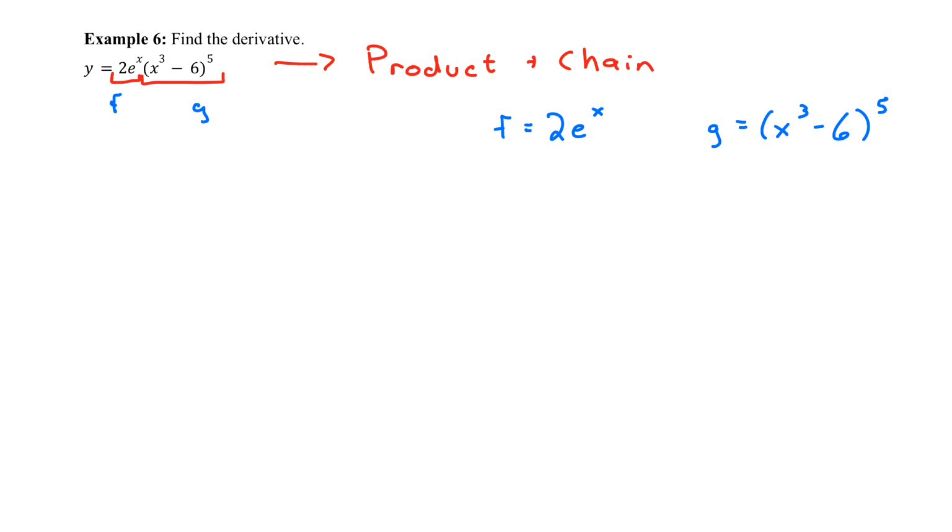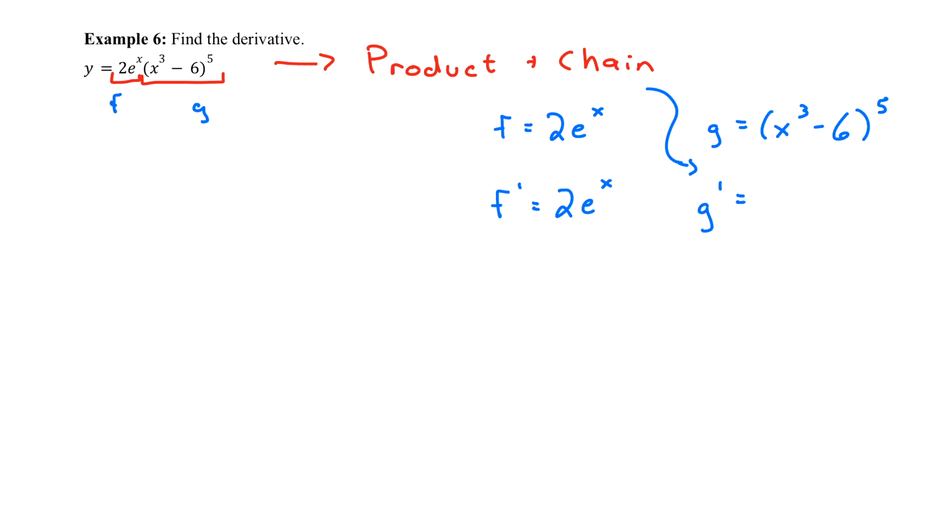So I know for my product rule, I'm going to need to find the derivative of each of these two functions. So f prime, the derivative of 2e to the x, is just going to be 2e to the x power. G prime, here's where that chain rule is coming into play. So I'm going to go ahead and use my shortcut here.